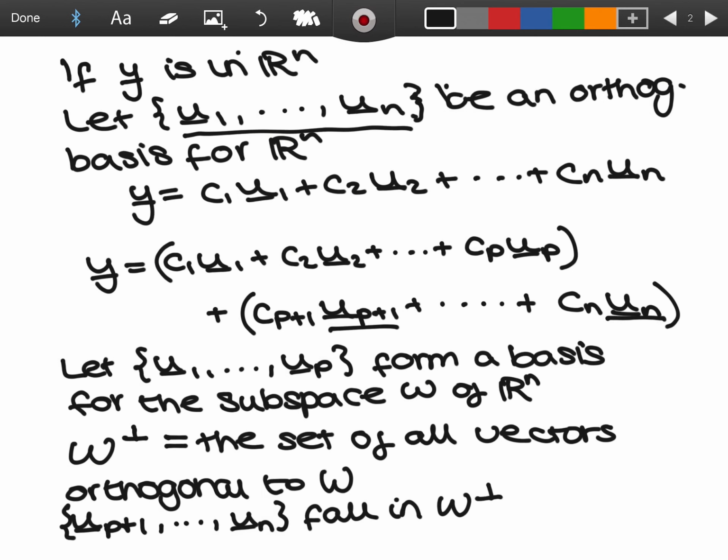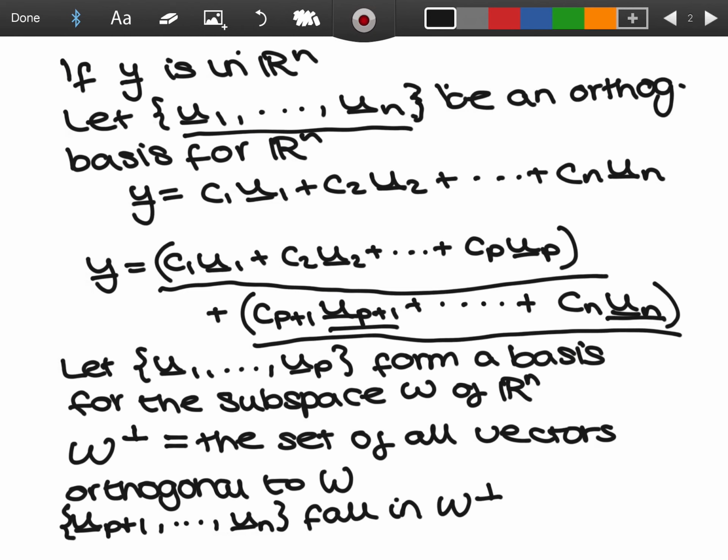Okay, so what I have done by splitting Y into these two terms, where I've taken one set of terms and summed them together plus this other set of terms summed together, all of this lies in W. All of this lies in W perp.